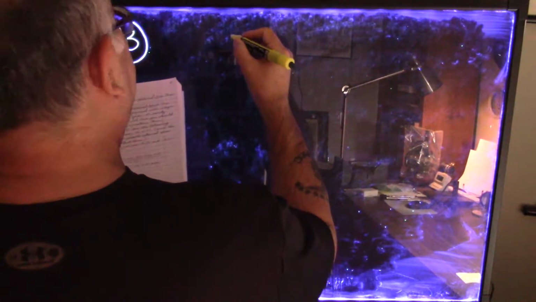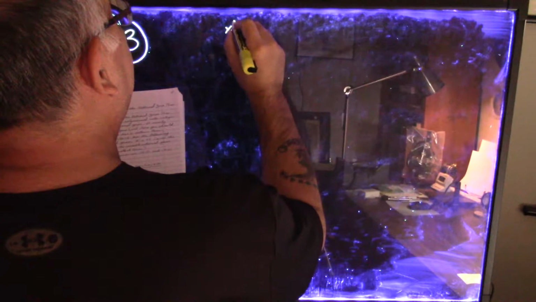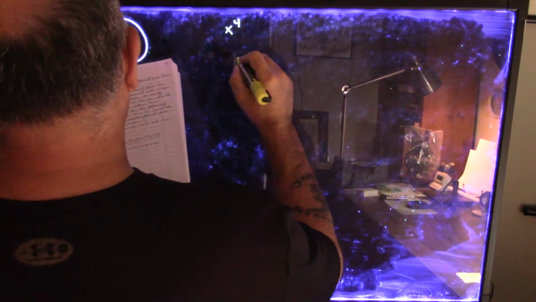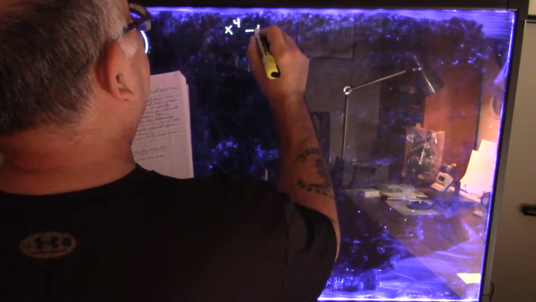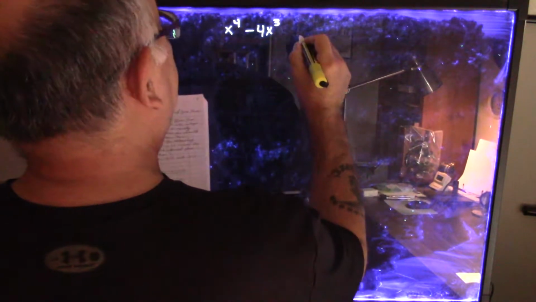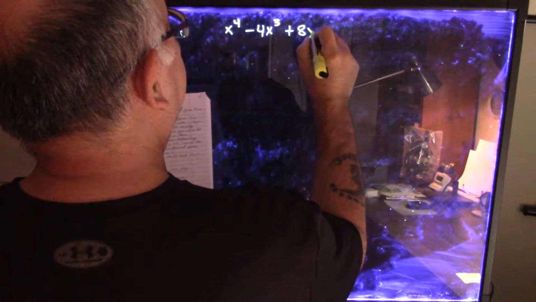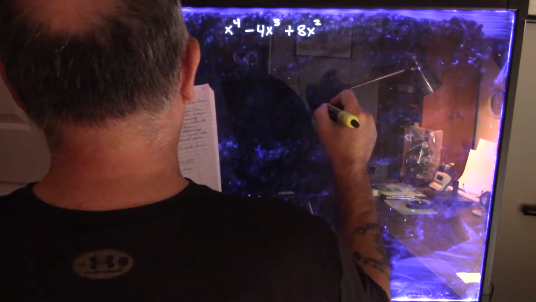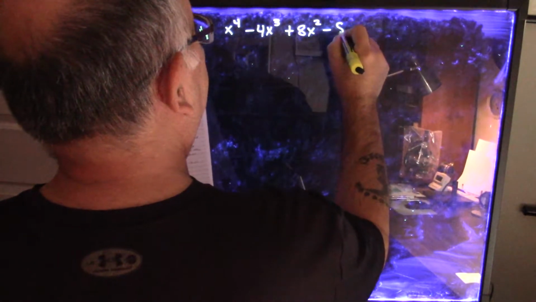Okay, so for example, this is not problem 23, but here's an example. x to the fourth minus 4x cubed plus 8x squared minus 8x minus 5.